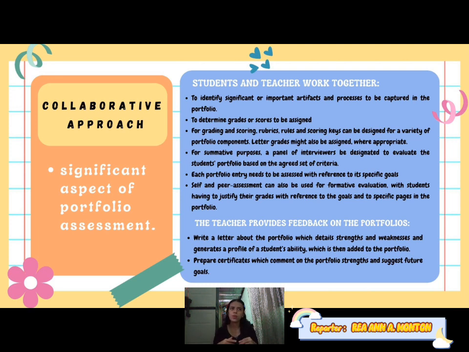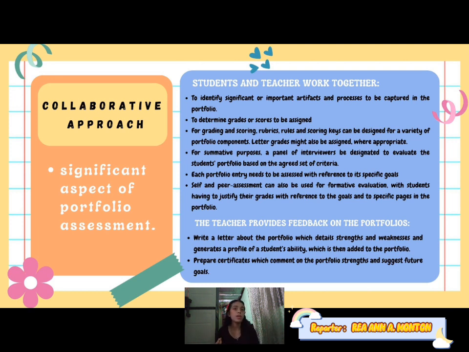So, unsa ganun yung collaborative approach from the word itself, gikulab ang student and teacher in order to identify the significant or the important information or processes in creating a portfolio, in order for them to capture the important information. So students and teacher work together in this collaborative approach in order to identify significant or important artifacts and processes to be captured in a portfolio, just like what I have said.